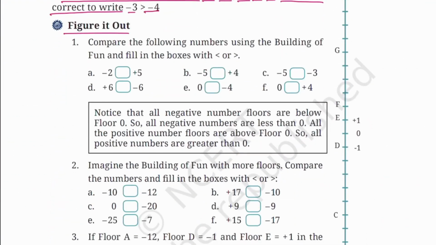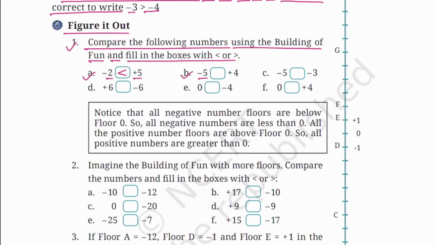Figure it out. 1. Compare the following numbers using the building of 1 and fill in the boxes with less than or greater than symbol. A -2 and +5. +5 is greater than -2.